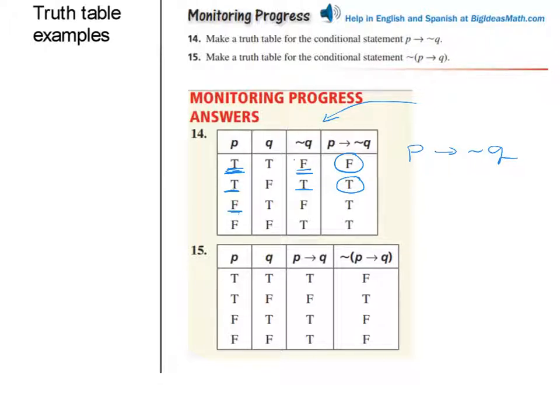If the hypothesis is false and the conclusion is false, just like you can be open and it not be a holiday, then the statement is true. If the hypothesis is false and the conclusion is true, the entire statement can be true. And that goes back to when the store is closed on a weekend, for example. So it always follows this pattern. So as long as you know that, you really just have to memorize the pattern if you want to know this. The same is true for this one.